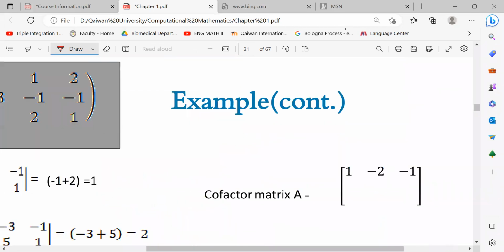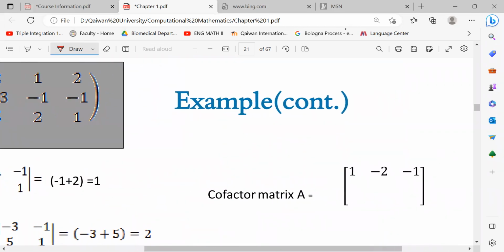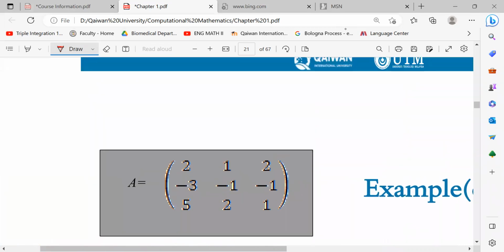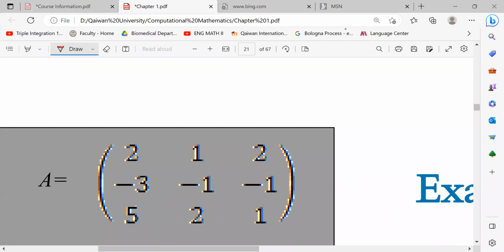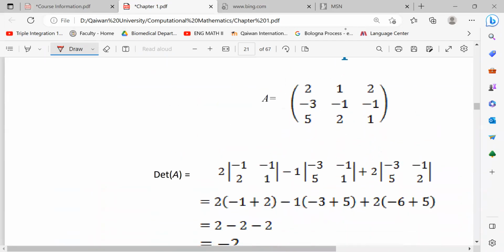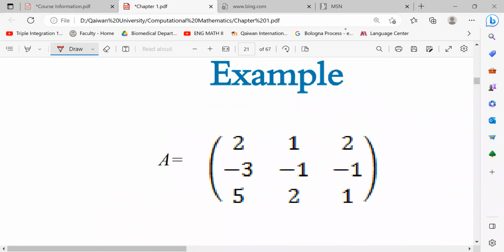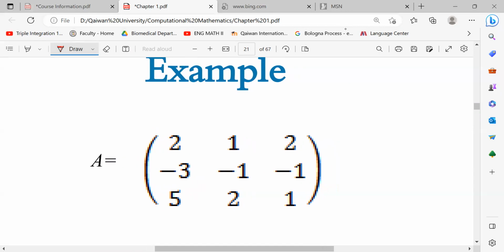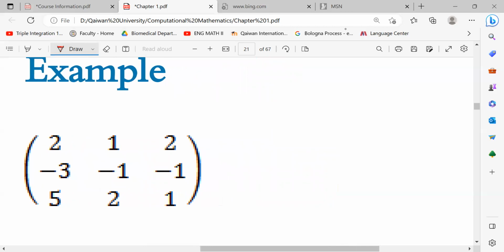Then, for finding the cofactor matrix, this is matrix A. Here in this example, it says find the inverse of this matrix. To find the inverse, let's first write down the rule and check what we need to calculate.